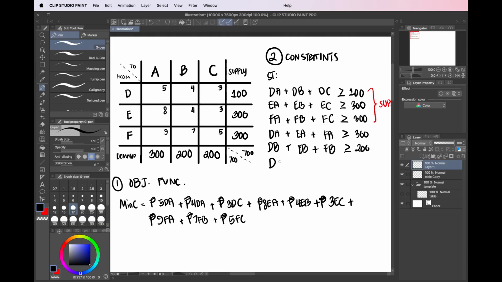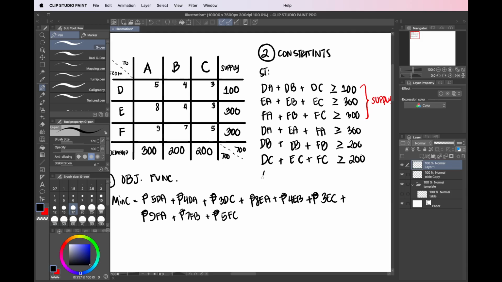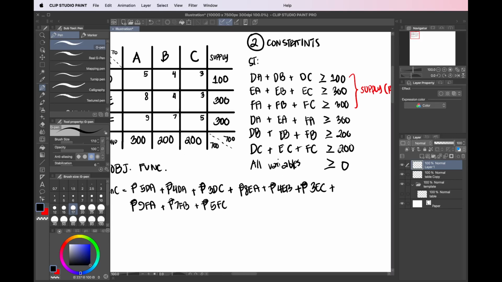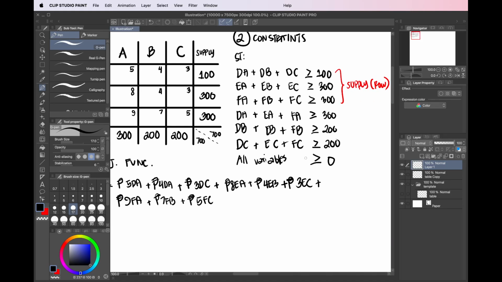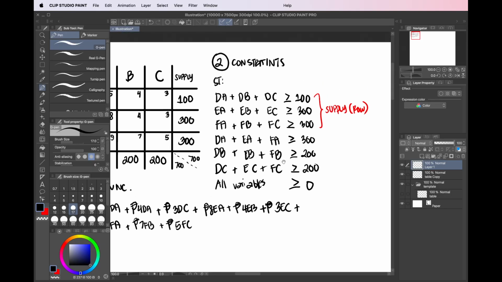Let's start with D. DC, EC, and FC is greater than or equal to 200, such that all variables are greater than or equal to 0. Because remember, no negative values, because that would be invalid.